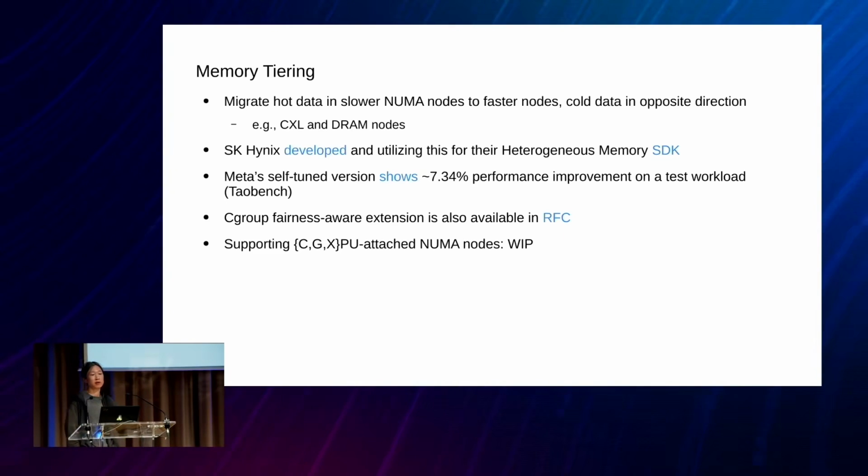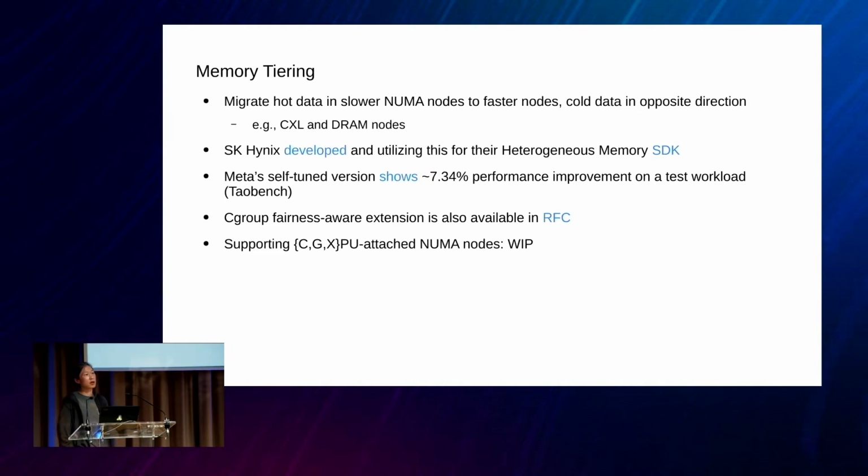SK Hynix has developed and is utilizing this for their heterogeneous memory SDK solution called HMSDK, and Meta has also implemented an improved version of that utilizing more self-tuning for memory tiering, and we showed about 7% performance improvement on a test workload called TauBench.